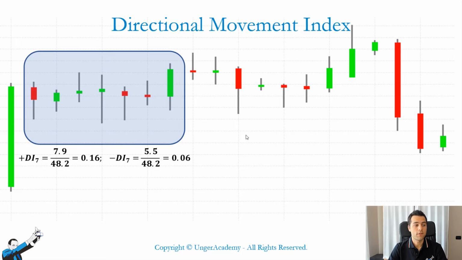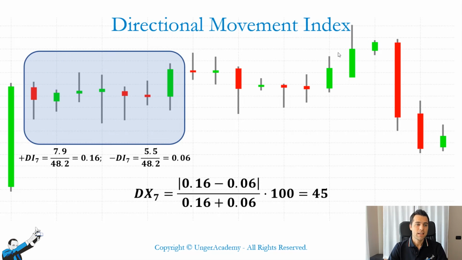And now that we have these two numbers, we can finally find the directional movement index. The directional movement index is calculated as the absolute difference between the plus and minus directional indicator divided by their sum, multiplied by 100 just to set the scale from 0 to 100 instead of 0 to 1.